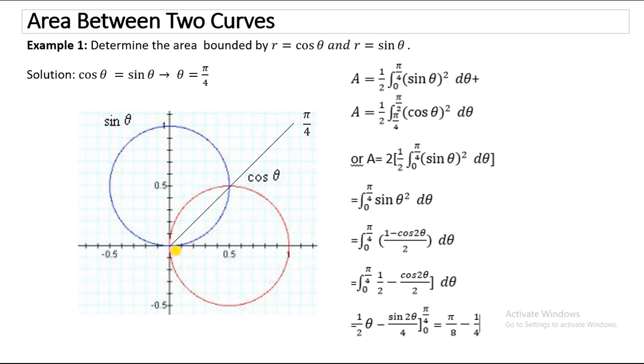Add to this the area that starts from theta pi over 4 until theta pi over 2, for this graph.